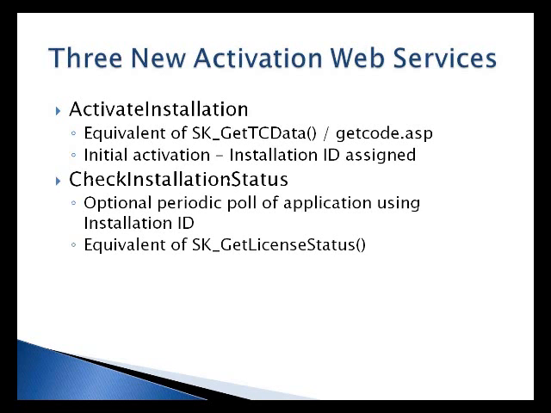The next web method in our web service is called Check Installation Status. It is used to optionally poll the license status. Very similar to sk get license status, which returns information about the license, this uses the previously assigned installation ID to identify a specific PC's license.